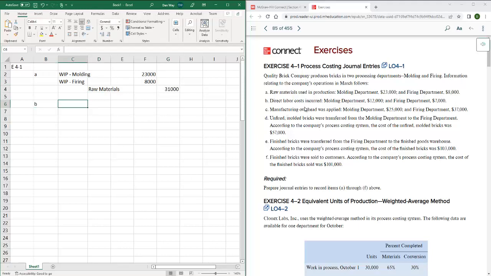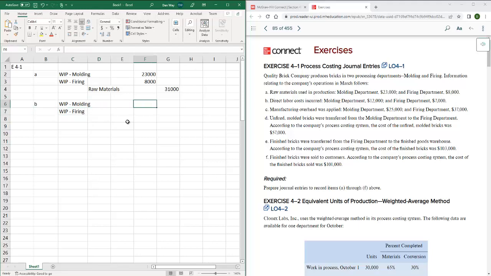Letter B said direct labor costs incurred, molding department 12,000, firing department 7,000. Very similar here to the letter A entry in that we're recognizing direct costs. So we're going to stick that in the work in process accounts for the two separate processing departments here.